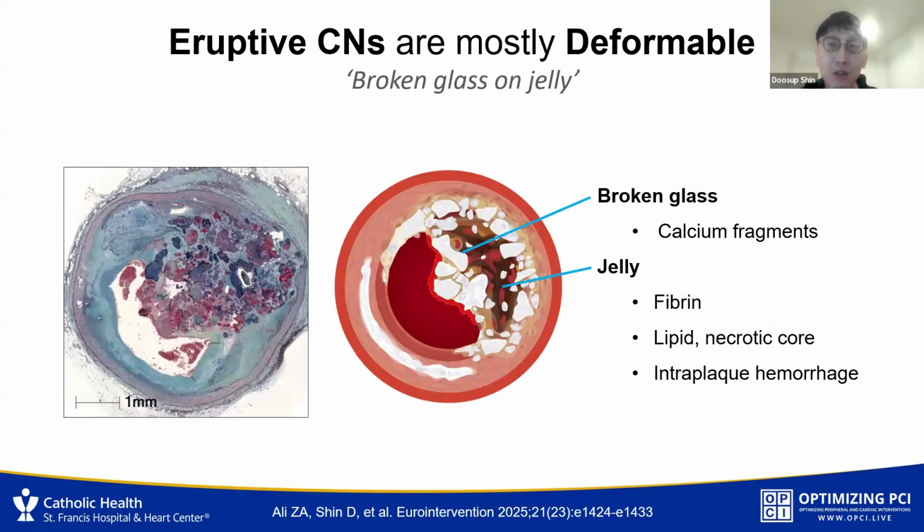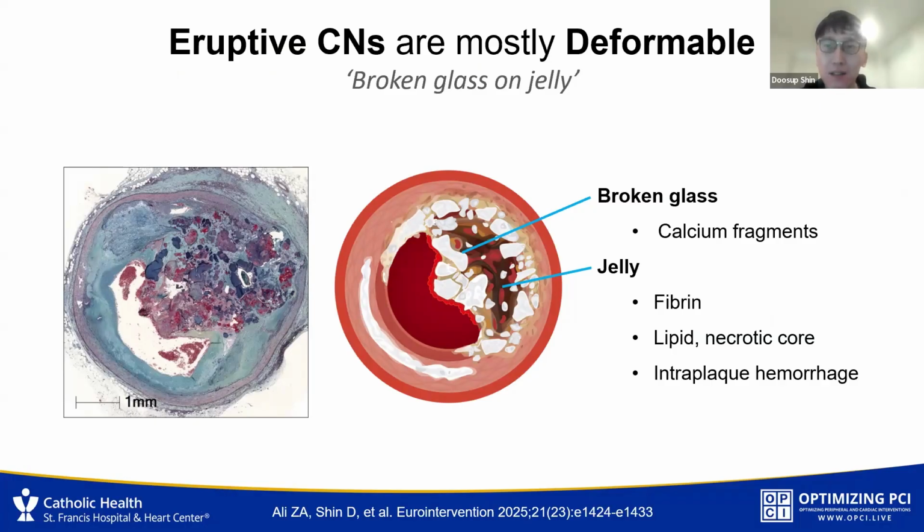The type of calcified nodule matters when it comes to deformability. From the Doosup CAD study, we learned that the majority of eruptive calcified nodules are deformable. You can think of this as broken glass on jelly.